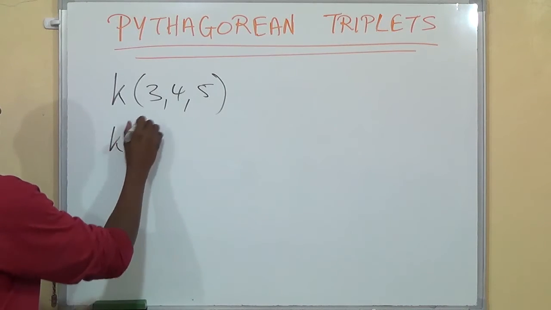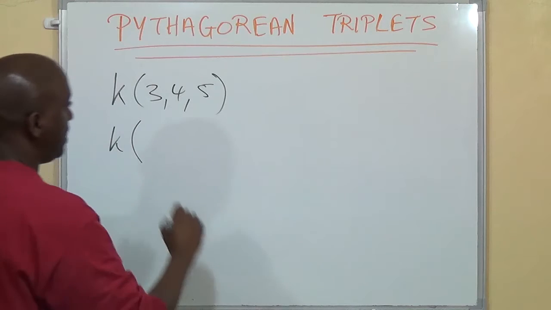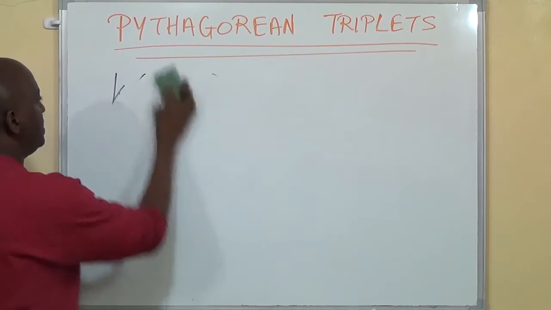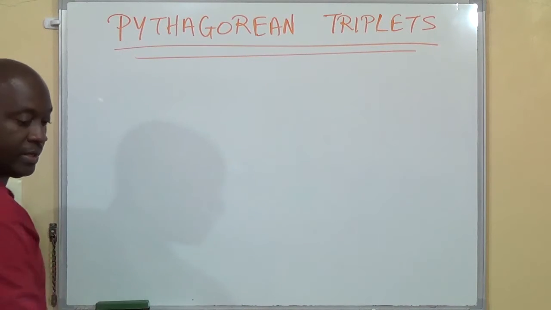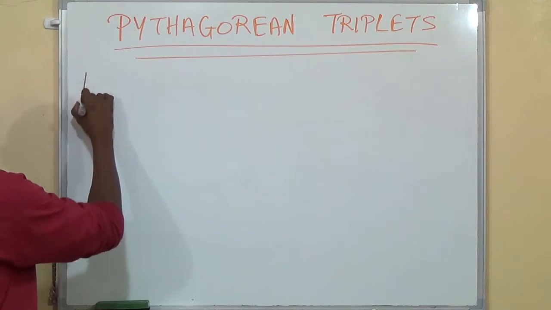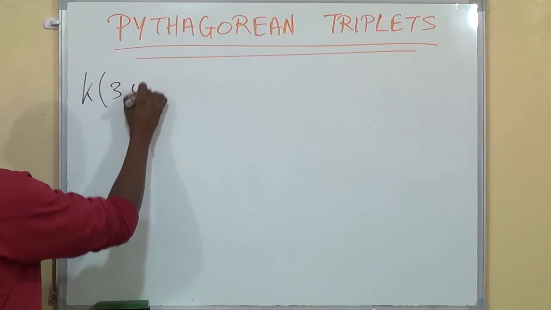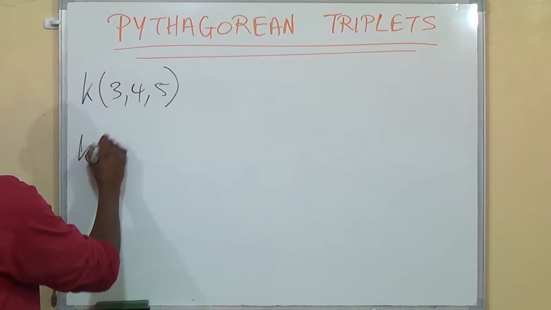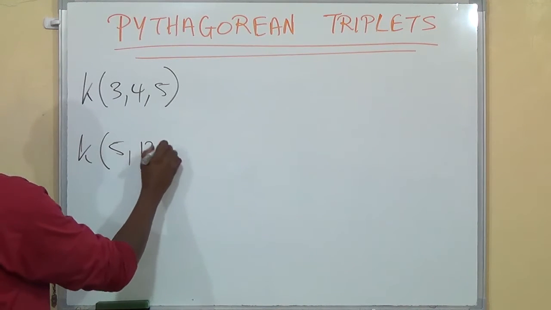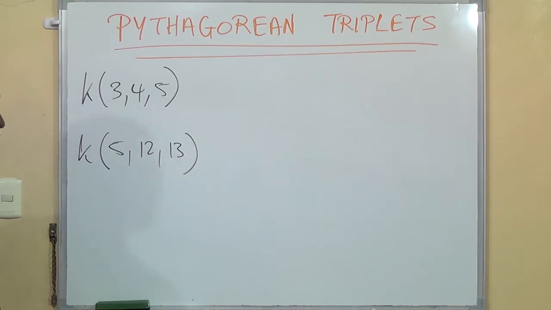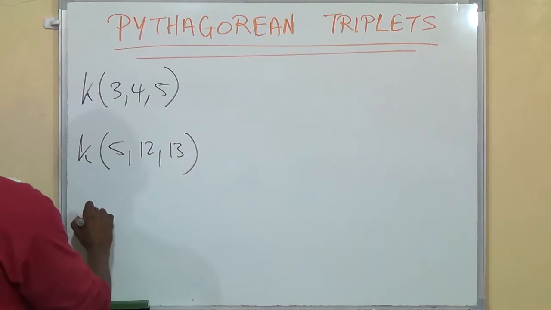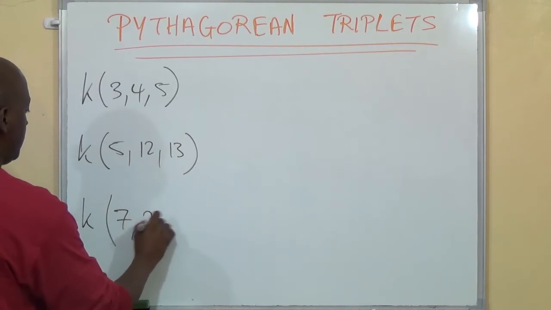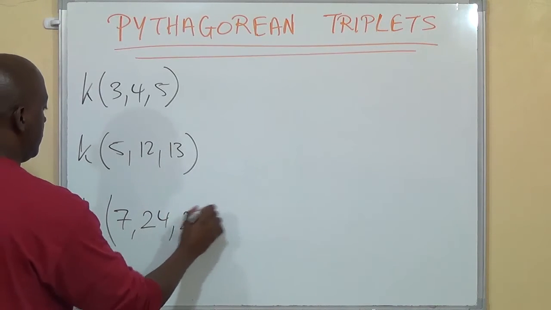Alright, so we start over: k into 3, 4, 5. We have k into 5, 12, 13. We have k into 7, 24, 25.